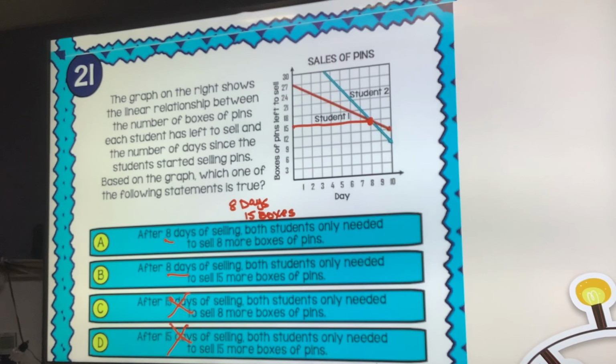They both need to sell how many more boxes? 15. So your answer is, oh, not C, sorry. Your answer is B. Do we see how simple that is?